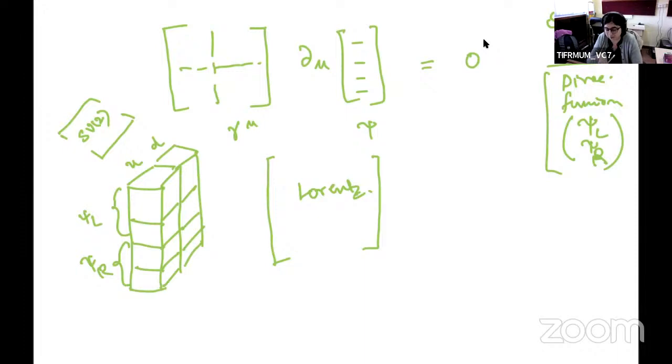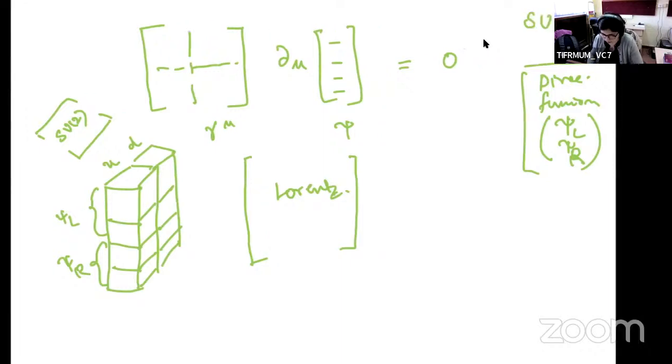So you cannot have an internal transformation that changes the space-time properties of the particle, and you cannot have a space-time transformation that changes the internal properties of a particle. So for example, you cannot change the charge of a particle by performing a space-time transformation. Okay. So this is to understand a bit more about how to visualize these objects.